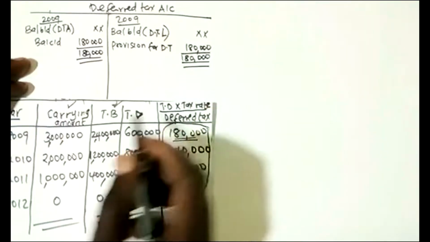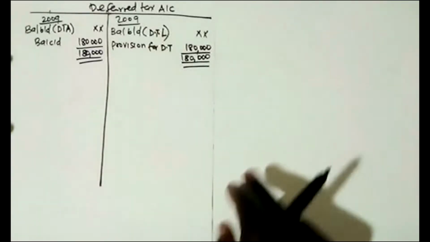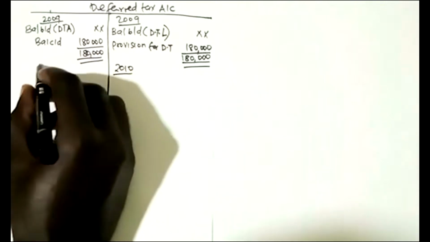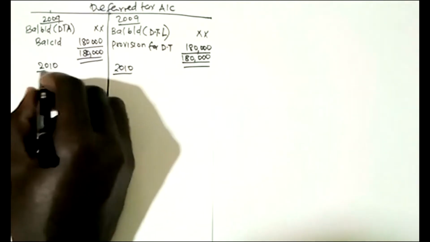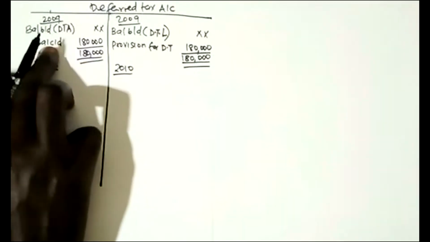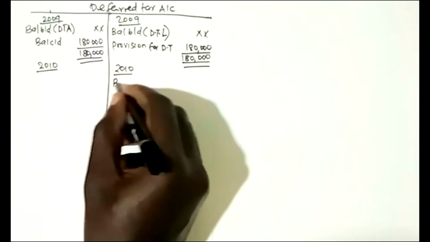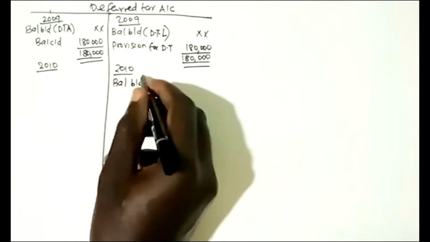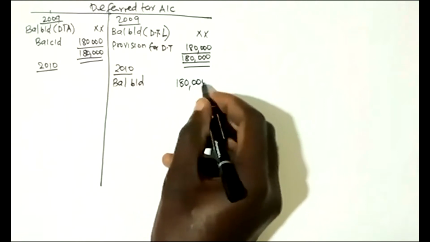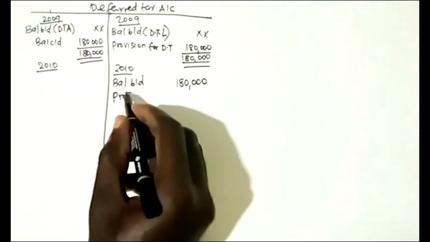Then for 2010, I will just bring down this balance carried down here from 209 to the 180, so that I check the provision which was made here.